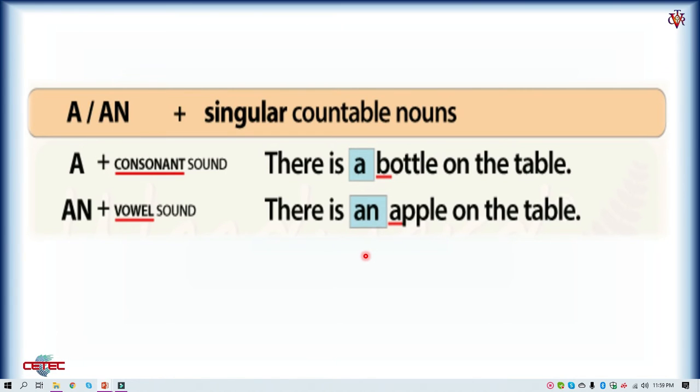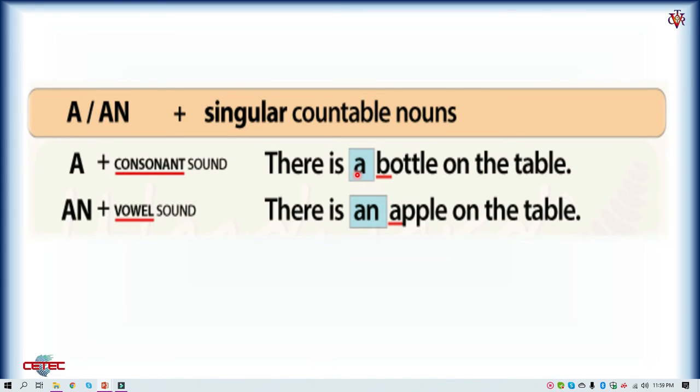Here we have a clear example. Now, on some occasions, we use the word a or an plus a singular countable noun. So don't forget: a plus consonant sound, an plus vowel sound. There is a bottle on the table.